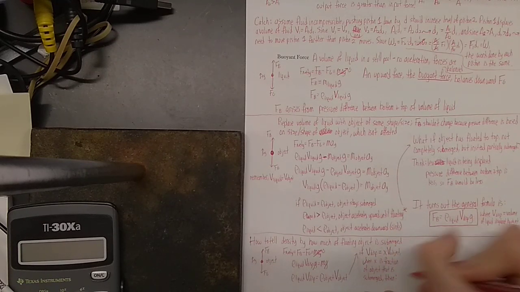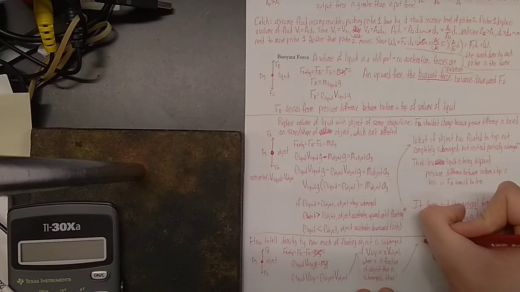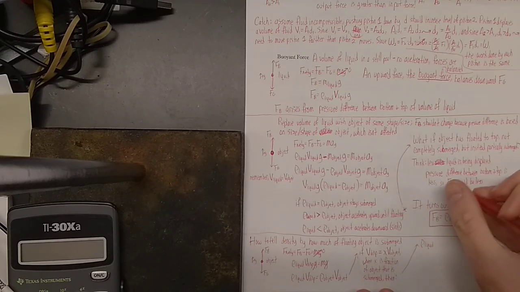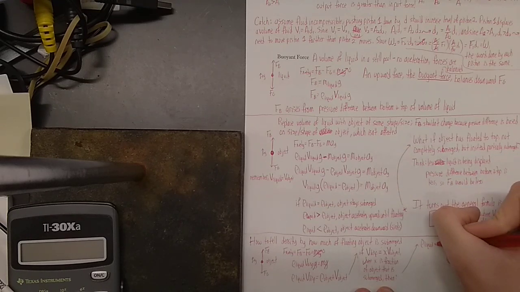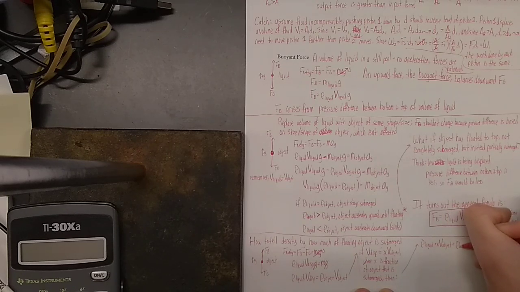Then we can say the following. The density of the liquid multiplied by x times the volume of the object equals the density of the object times the volume of the object.